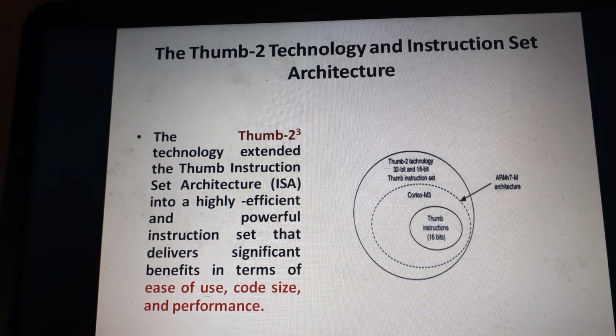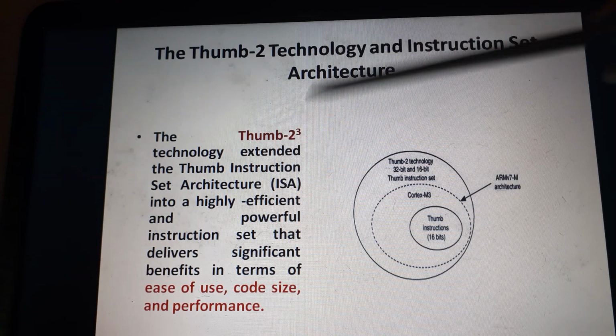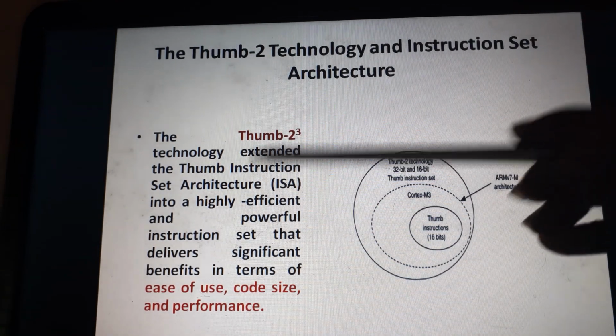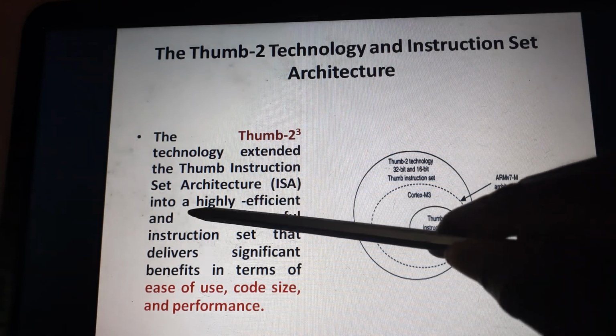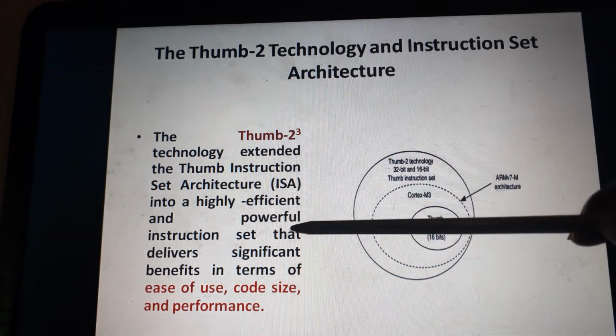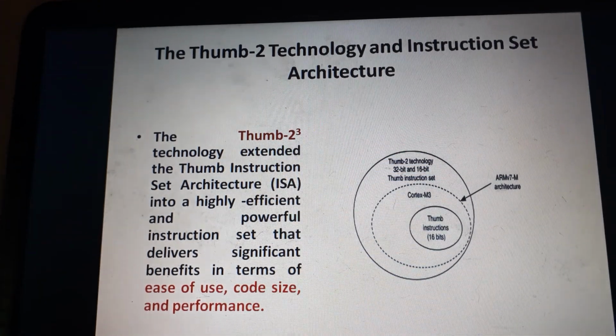Later, the Thumb instruction set was developed into Thumb 2 technology. So Thumb 2 technology extended the Thumb instruction set architecture. In the sense, a few more instructions are added to the Thumb instruction set, called Thumb 2, making it a highly efficient and powerful instruction set. Why powerful?